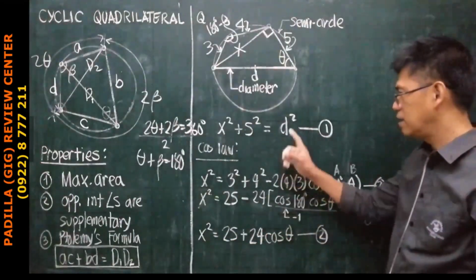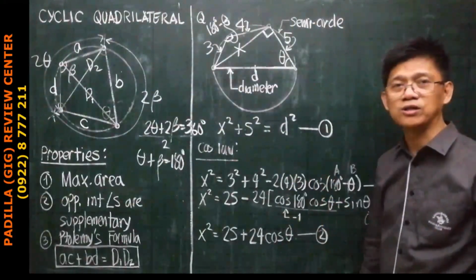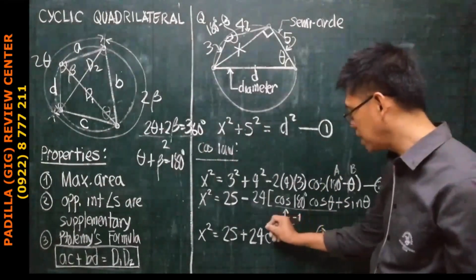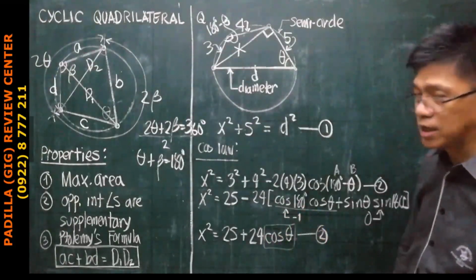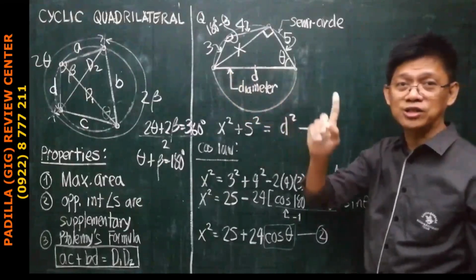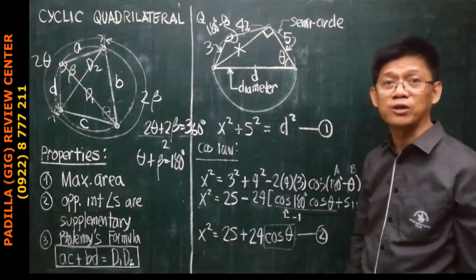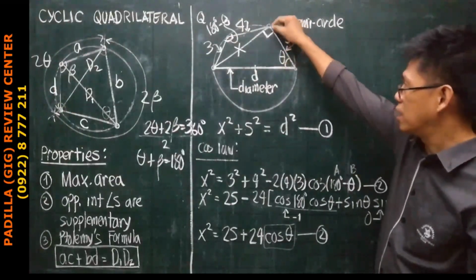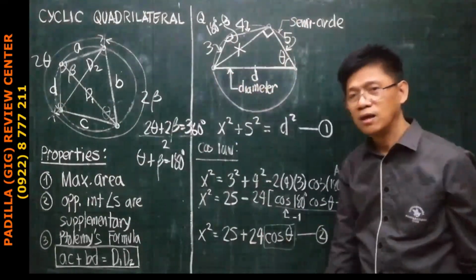X, theta, and D. 3 unknowns, and so far 2 equations. I need one more. But take note that cosine theta can be defined from this right triangle. It's adjacent over hypotenuse. So if this is theta, the cosine of theta is 5 over D, right?